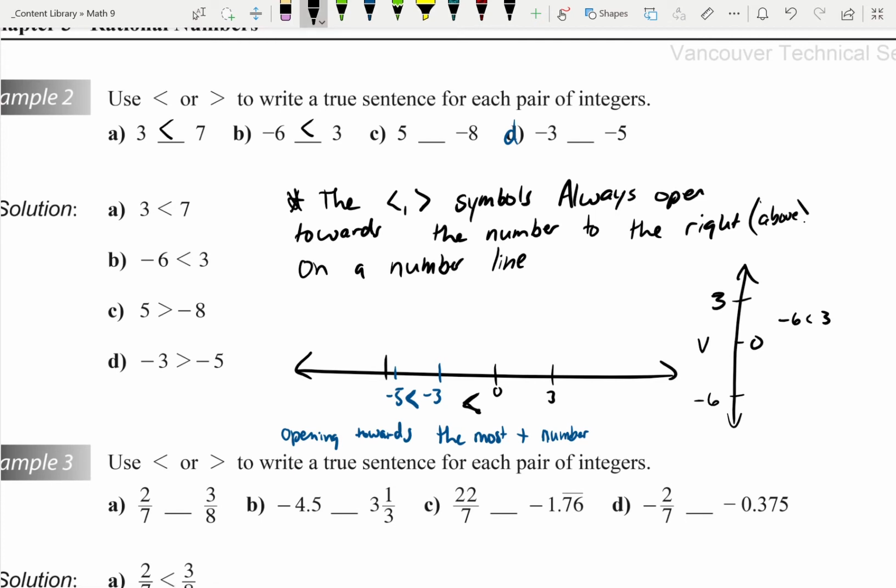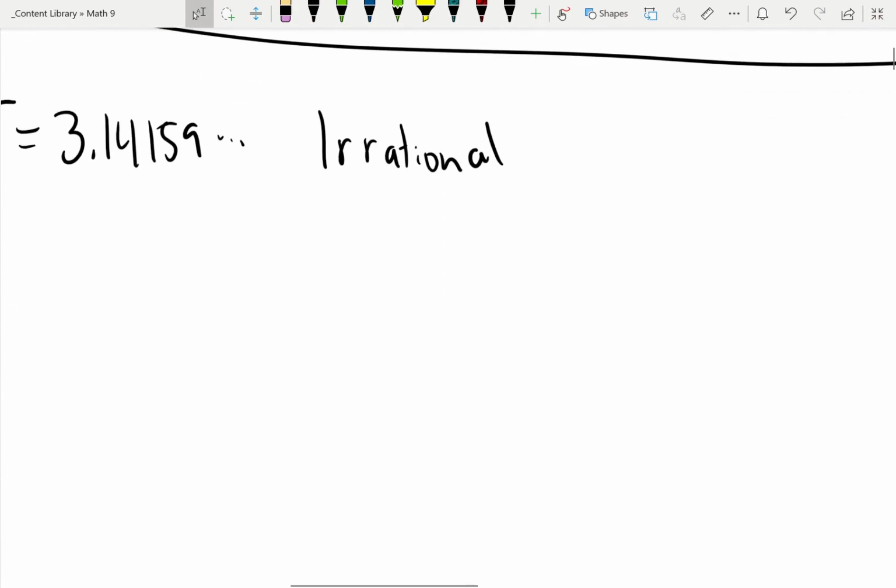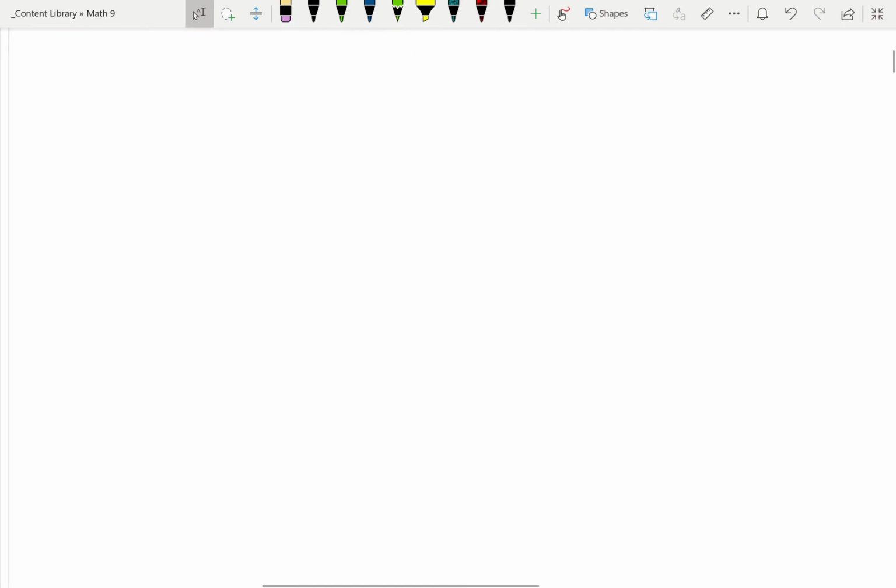Where it gets a little bit more challenging is, well, I'm going to slide over here again. What happens if I look at something like 2.2 and 2.3? Now I'm adding a decimal. In this case, again, it's not hard to see 2.2 is smaller than 2.3.